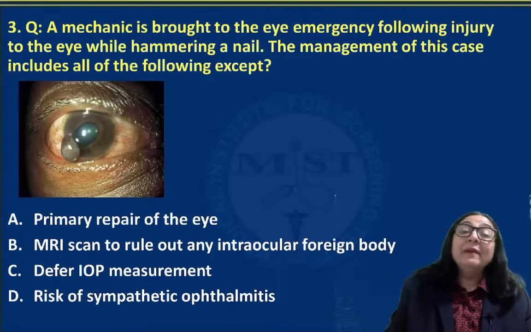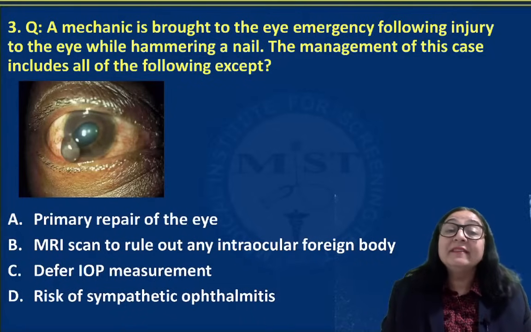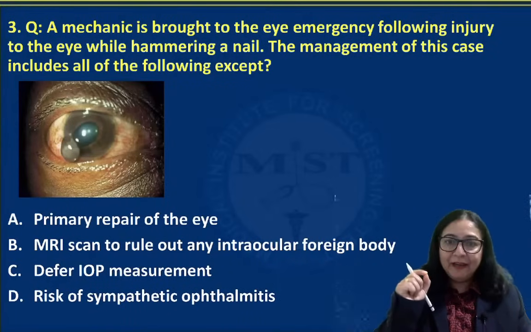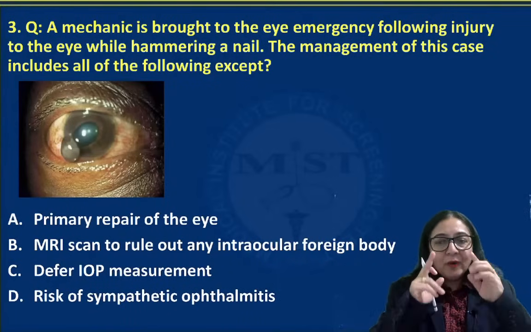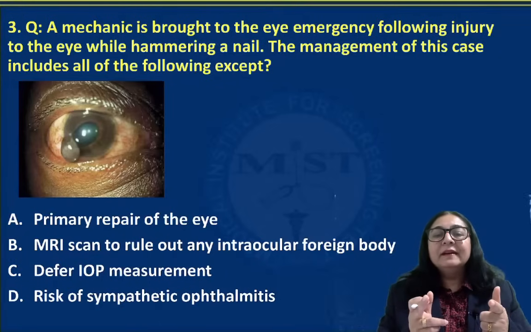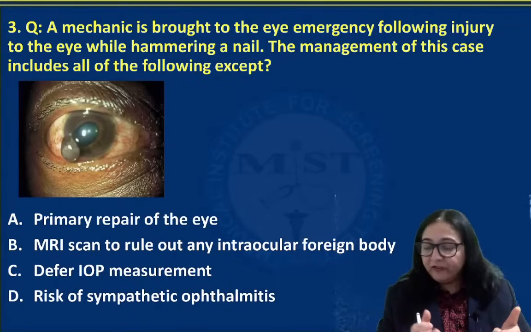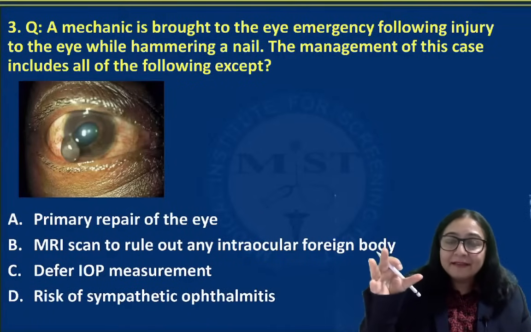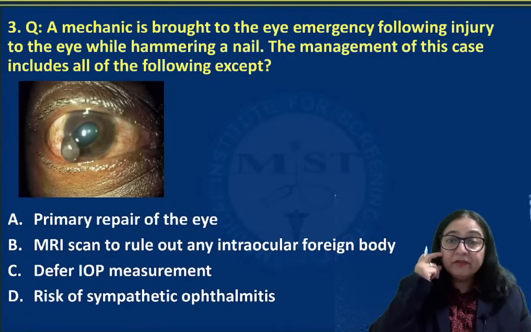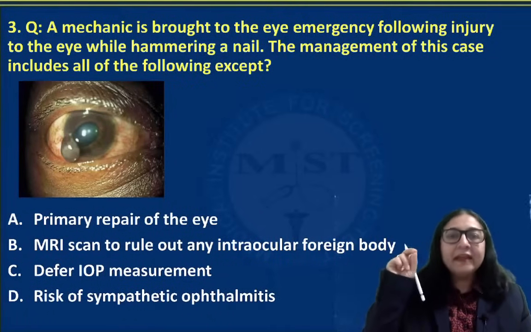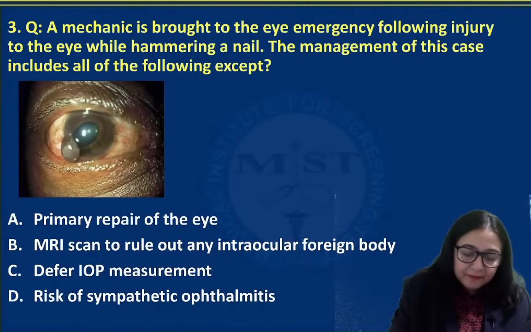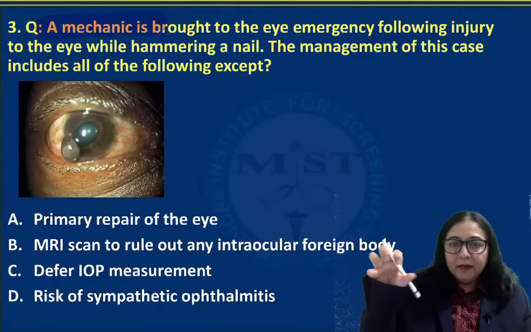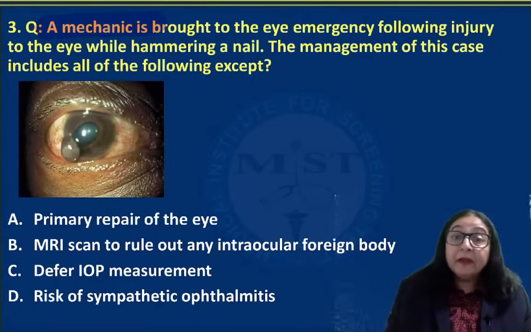Read with me. A mechanic is brought to the eye emergency following injury to the eye while hammering a nail. So it is very important to understand what was the scenario or situation of the injury. Who has got the injury, how did the injury happen, that kind of information you have to get from the question. So it's a mechanic, a person who deals with mechanical work.